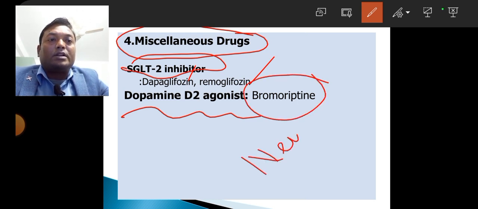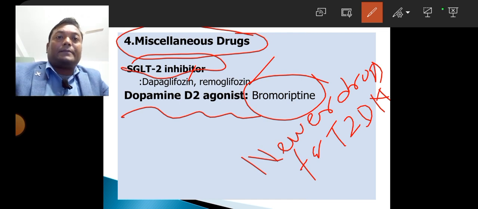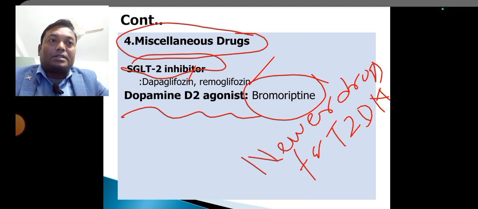Both are newer drugs for type 2 diabetes mellitus. So these are the classification of oral anti-diabetic drugs.